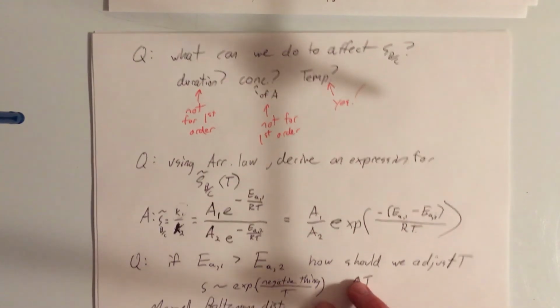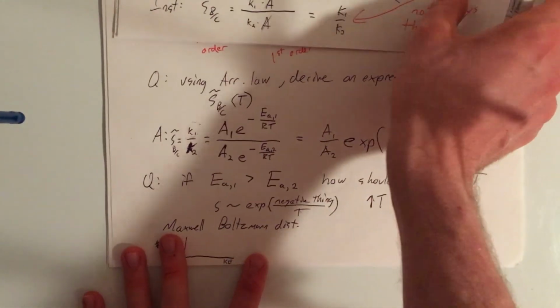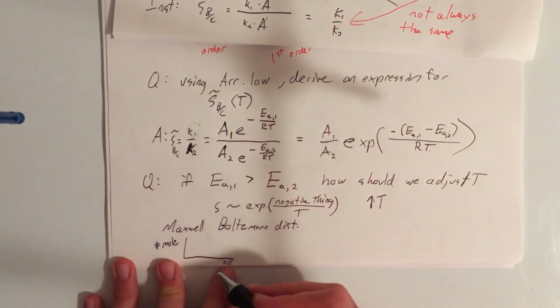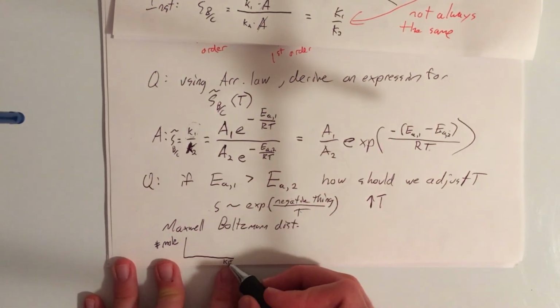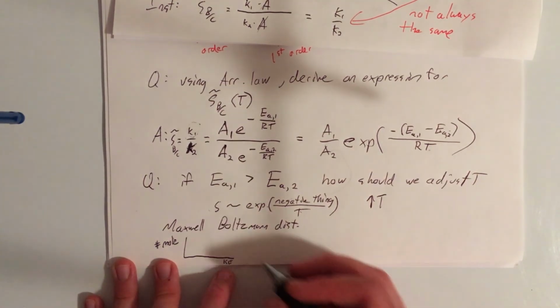Alternatively, we could think about the Maxwell-Boltzmann distribution, and think physically about what's going on with atoms and molecules. The Maxwell-Boltzmann distribution is a function of how many molecules have a particular kinetic energy.